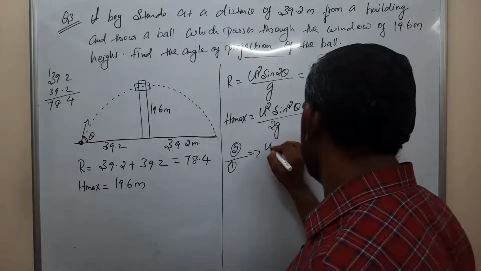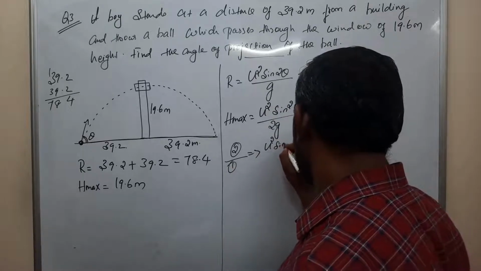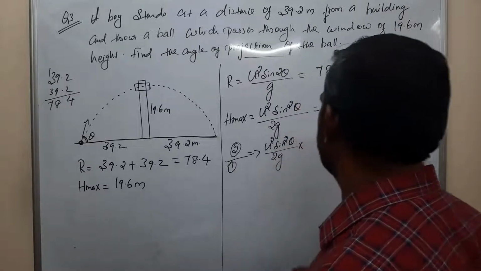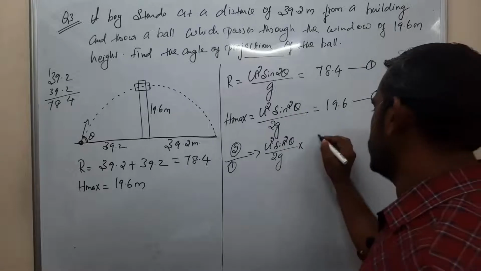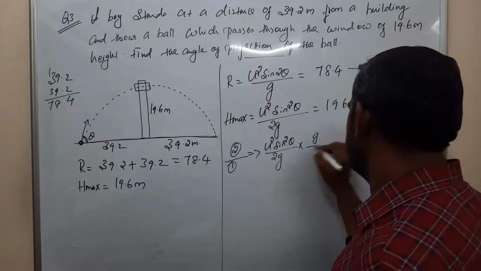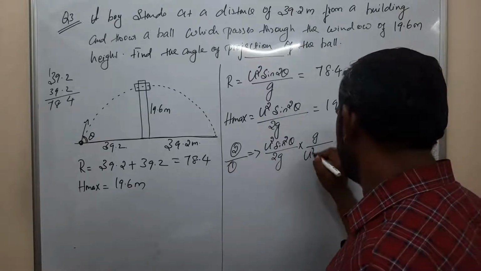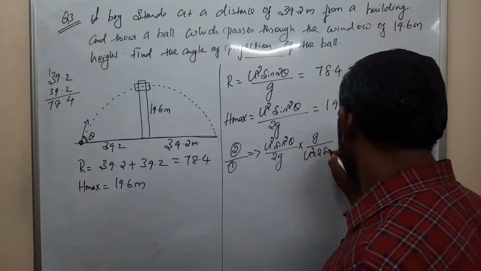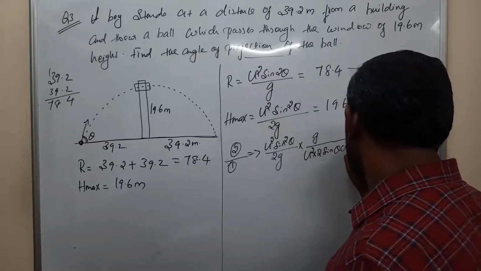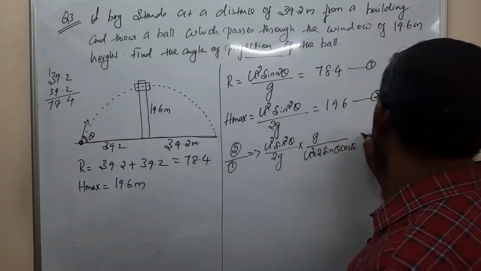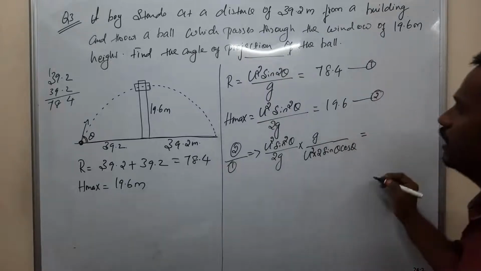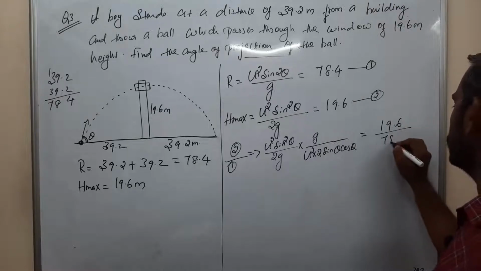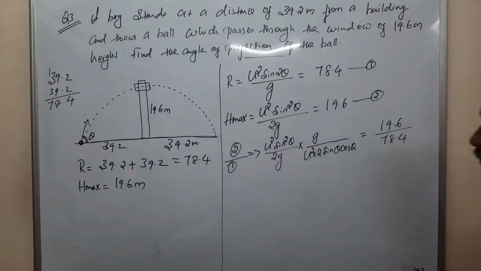So u square sin square theta divided by 2g, into, what is the g divided by u square, 2 sin theta cos theta, is equal to 19.6 divided by 78.4.